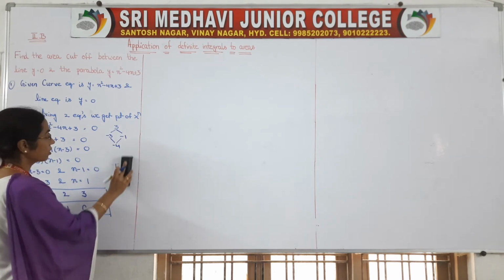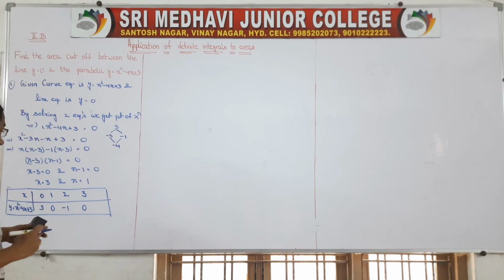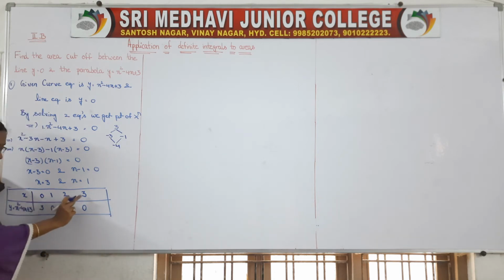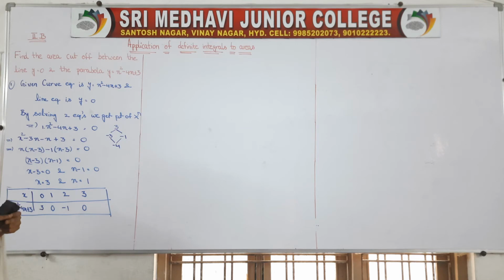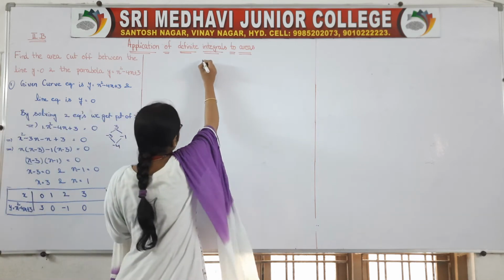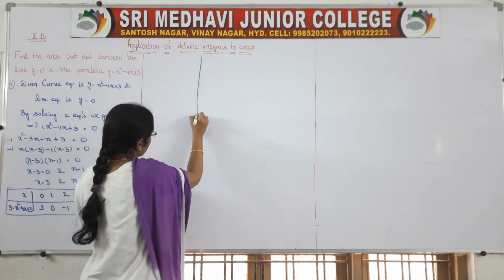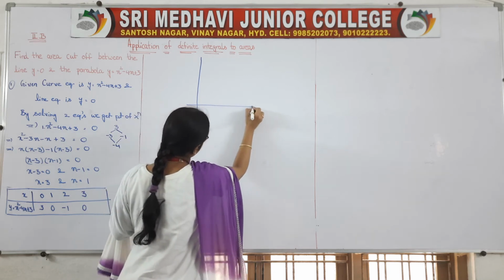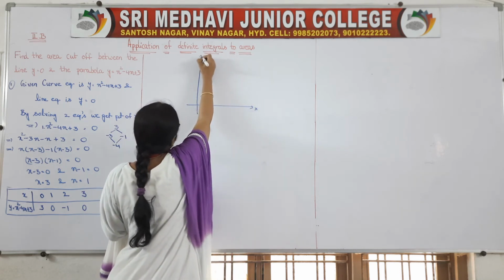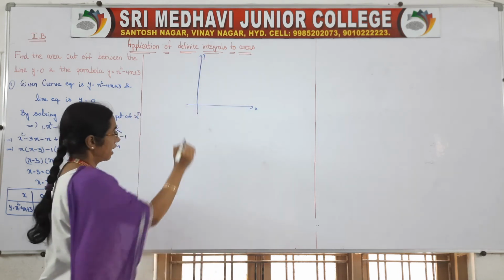So now try to draw the diagram for this. On the x-axis we should have 0 to 3, on the y-axis 0 to 3 upwards and minus 1 downwards. So we will take the x-axis and y-axis now. This is your x-axis, this is your y-axis.